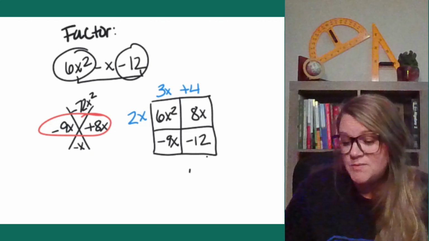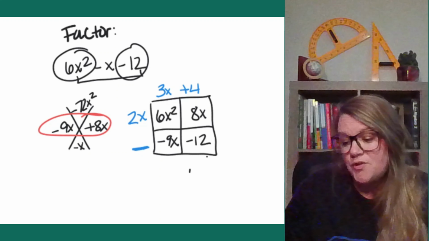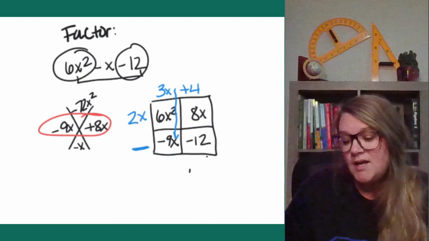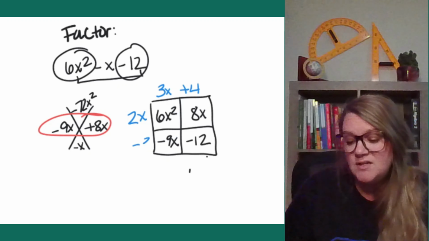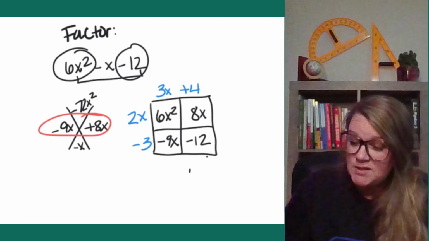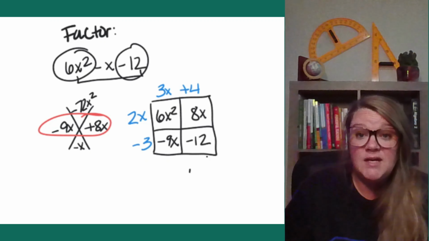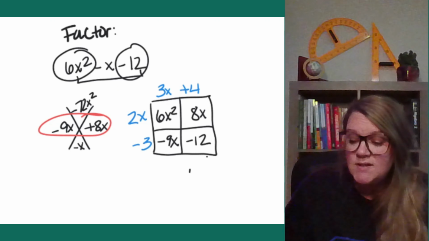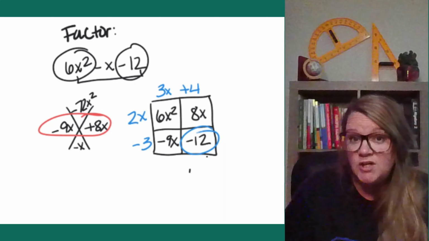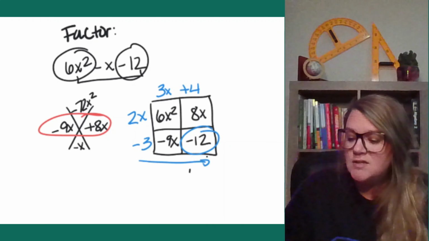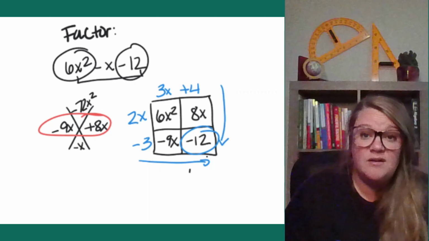I'm going to fill out this bottom one that's down here now. So 3x times this number has to give me negative 9x. I'm thinking, what times 3x will give me negative 9x? This has to be a negative 3, because 3x times negative 3 gives me that negative 9x. And then I just like to double check this last one. It should work now. Negative 3 times a positive 4 does give me that negative 12.